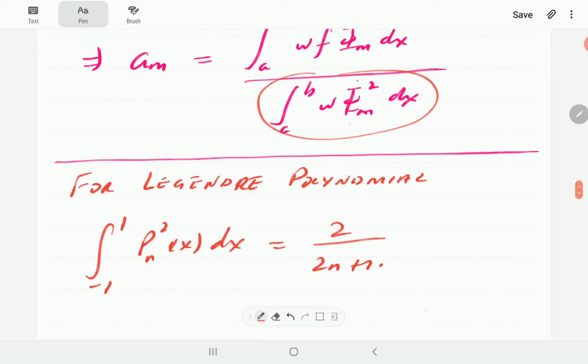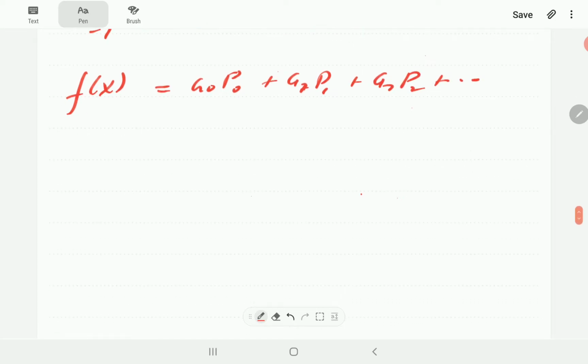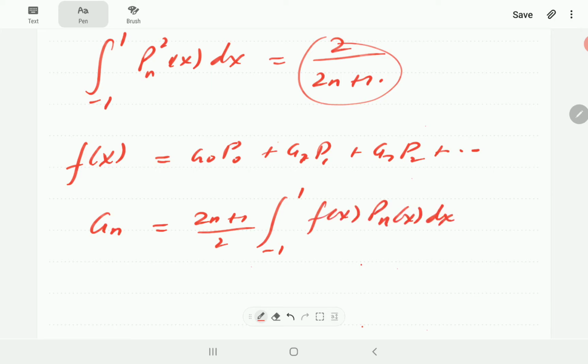So if we take this and plug it in here, it means if we have a Legendre polynomial series, A0 P0, A1 P1, A2 P2, then An is going to be given by the reciprocal of this, so 2n plus 1 all over 2, times the integral from -1 to 1 of f of x times Pn of x dx.